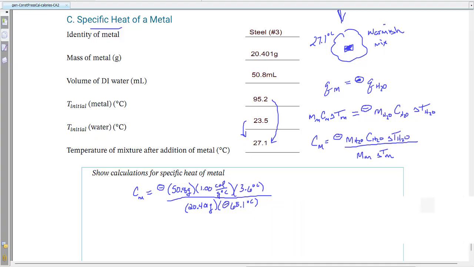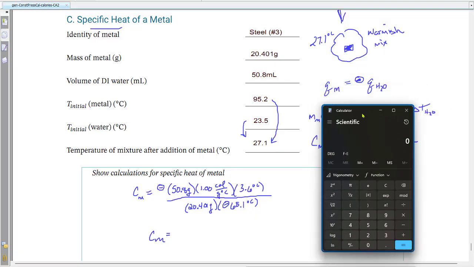Okay, 68.1, yes. All right, so when you do the math on this, where's my calculator? Bring him up here. Okay, I'm going to make a quick note here that my two negative signs are going to end up canceling each other right here and right here, so I'm just not going to type them in. 50.8 times 1 times 3.6 across the top, divided by 20.401 on the bottom, and divided by 68.1.